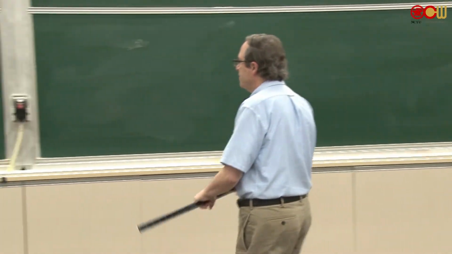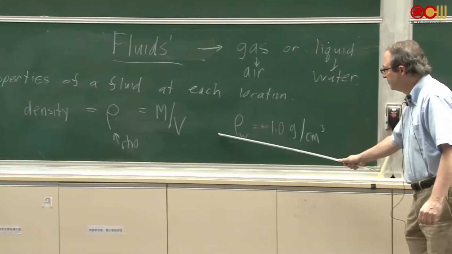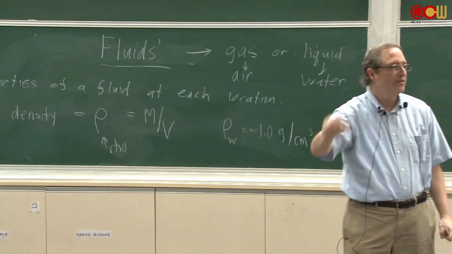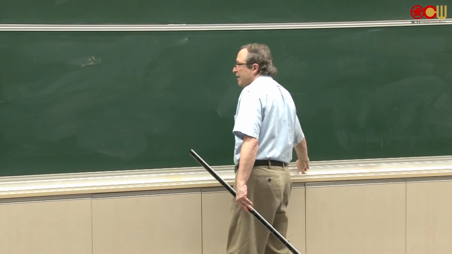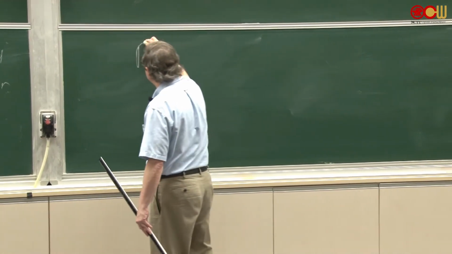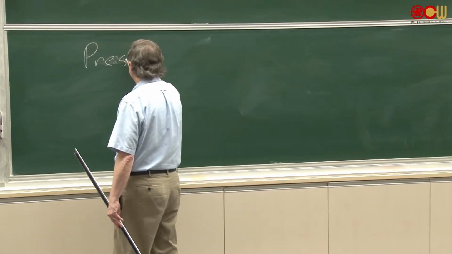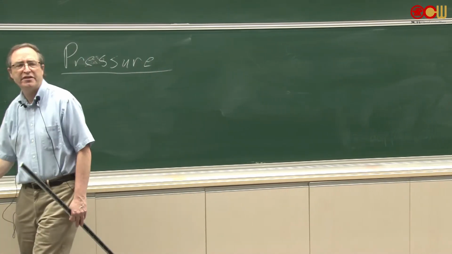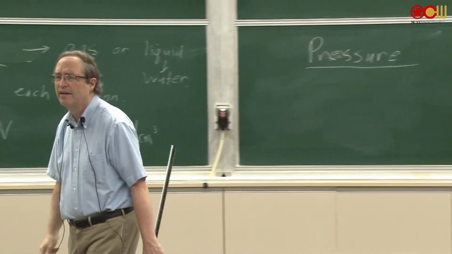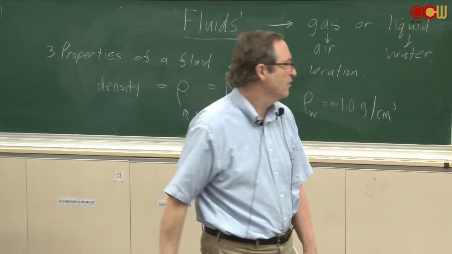All right, so this is density. So every point in space, there's a density. The second quantity is pressure. We brought this up once before when we talked about the bulk modulus.